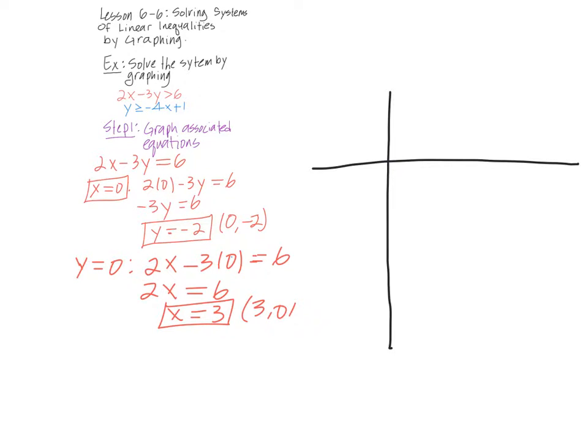So I know at minus 2 I have my y-intercept, and at positive 3 I have my x-intercept. I don't have an equal sign, so I dash my line. And there we are.